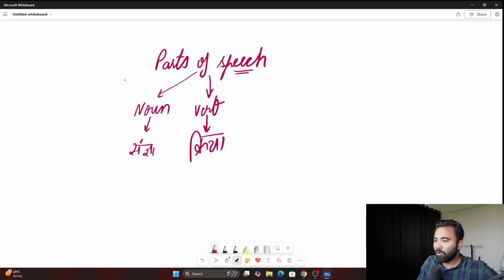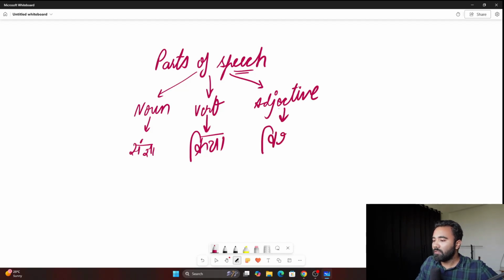The third important part of speech is your adjective. Adjective, in Gujarati, is Visheshan, meaning it is giving some extra information.